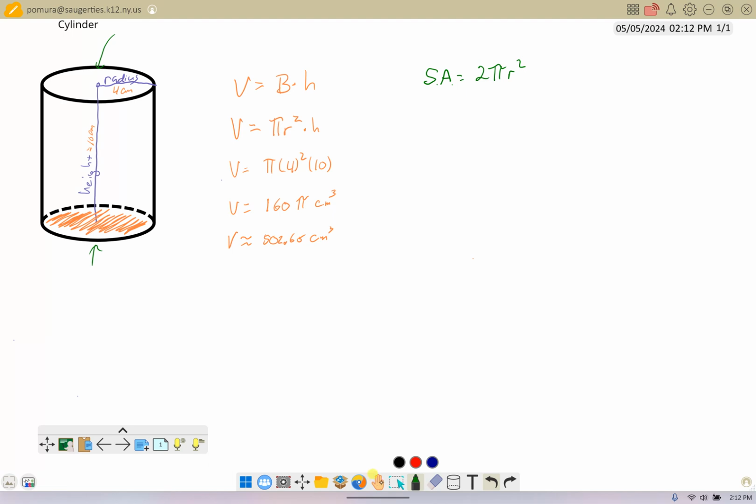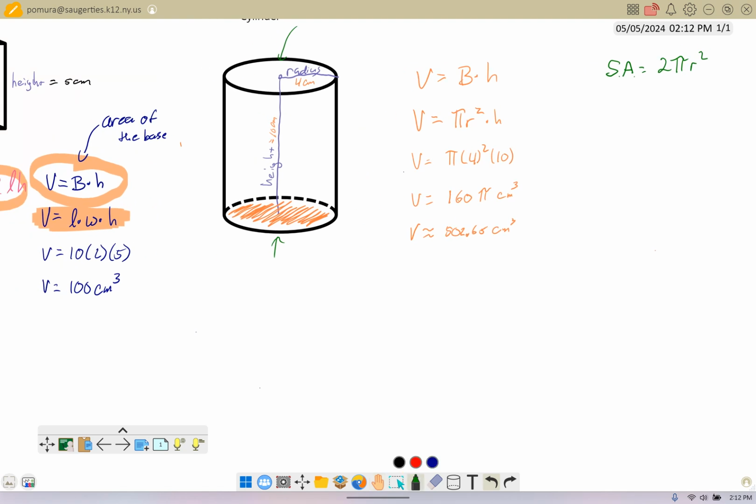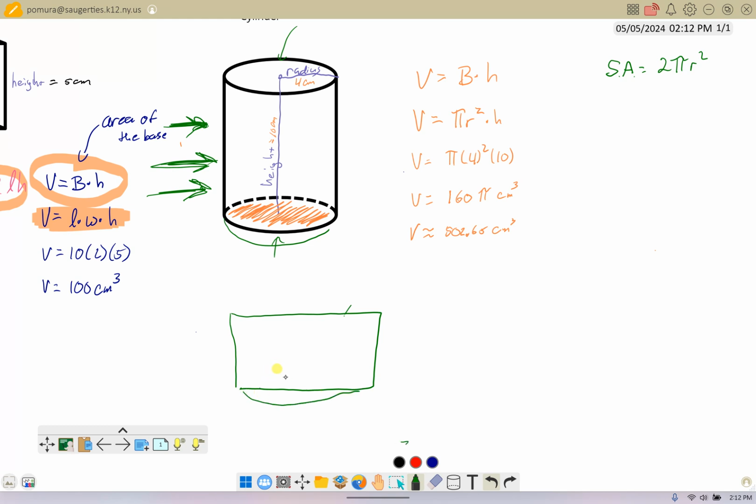Now, we actually have to worry about the actual cylinder itself, this part here, right? And this takes a little bit of imagination, but if you imagine a toilet paper roll, if you cut up a toilet paper roll and then unroll it, it unrolls into a rectangle. But this is what unrolls, and that is the circumference.